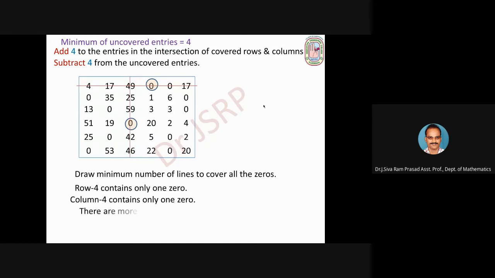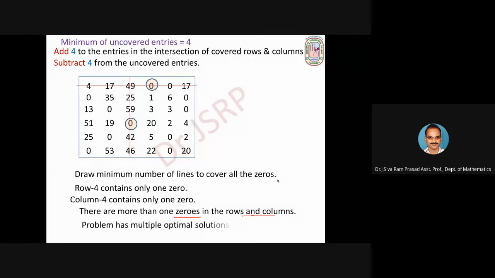Right, here there are more than 1 zeros in the rows and columns. The problem has multiple optimal solutions.